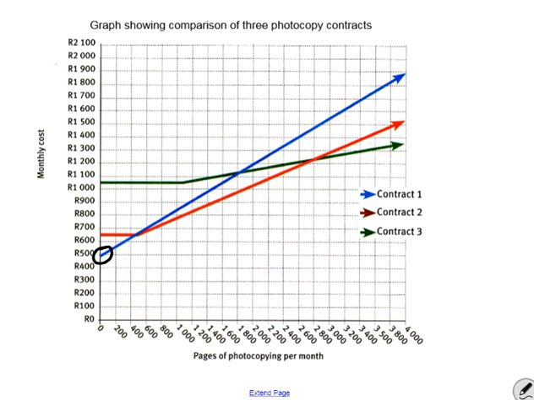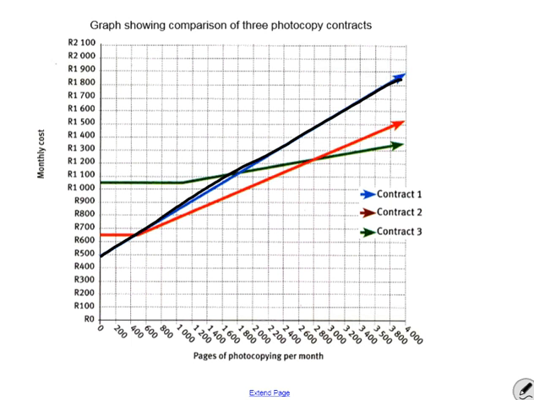So you have a contract, whether you make no pages or whether you make 500 pages, you are going to pay them 500 Rand. This one was 650, and this was 1,050. Okay, you understand why those graphs start like that. Is this graph a graph of direct proportion?